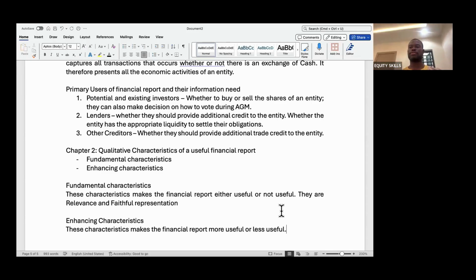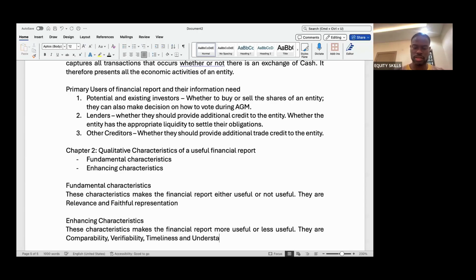So those are the enhancing characteristics, and we have comparability, verifiability, timeliness, and understandability. These are the enhancing characteristics.